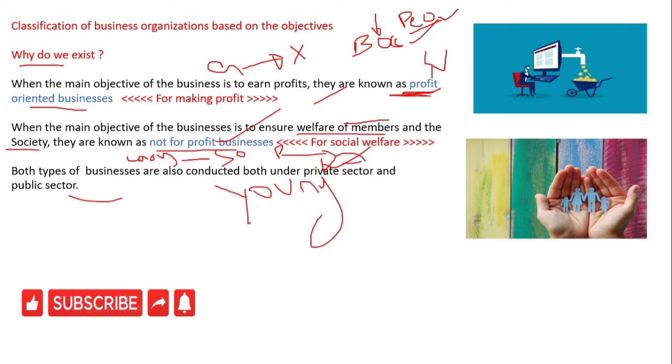Not always does the government do social service. The government also makes profit, by way of government companies, by way of government corporations, right? Private parties are not always making profit. They also do some services by way of associations, right?